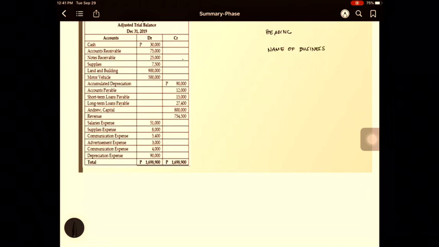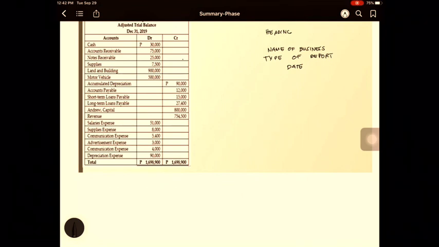Then you have the type of report that you are preparing. In this case, we have your income statement, but let's just write here type of report, and of course the date for which the accounts are applicable.